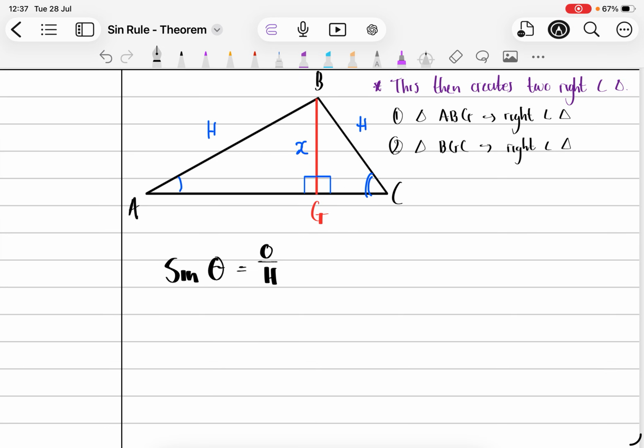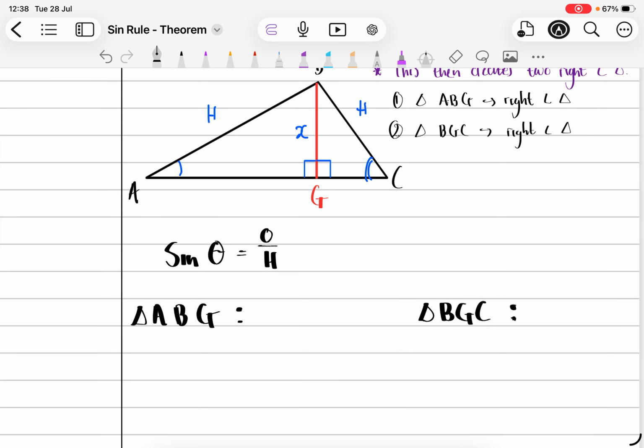I'm going to substitute for the first triangle, triangle ABG, and then I'll also substitute into triangle BGC, right? And what am I substituting here? I'm substituting the ratio of sine theta being opposite over hypotenuse.